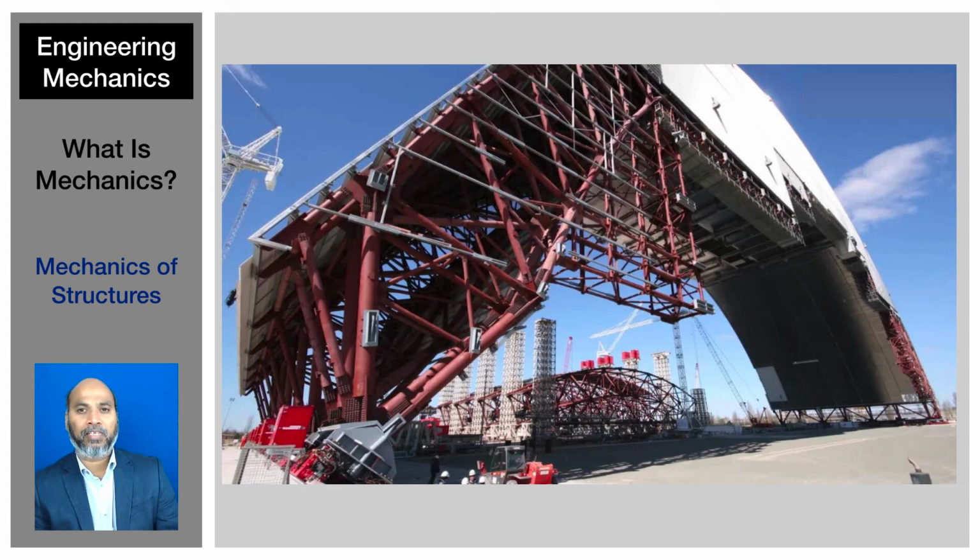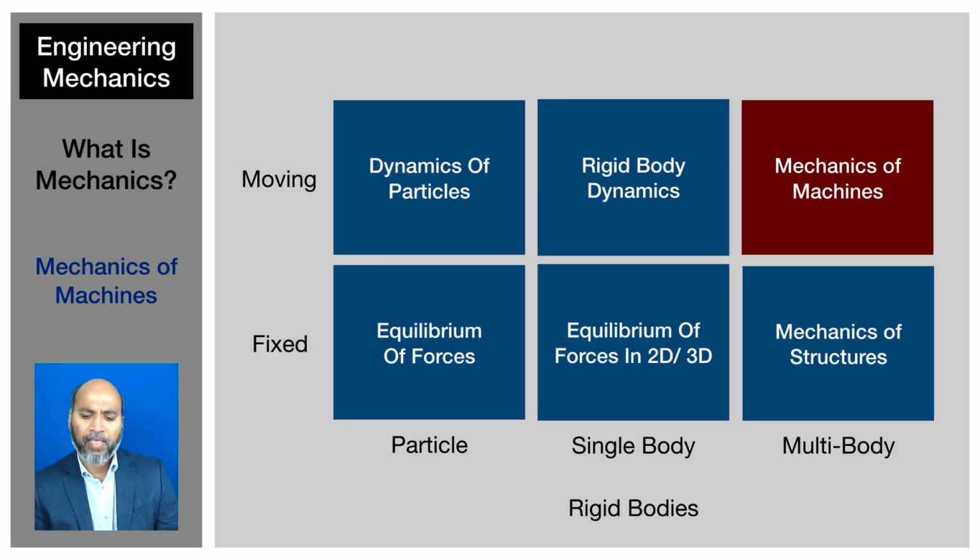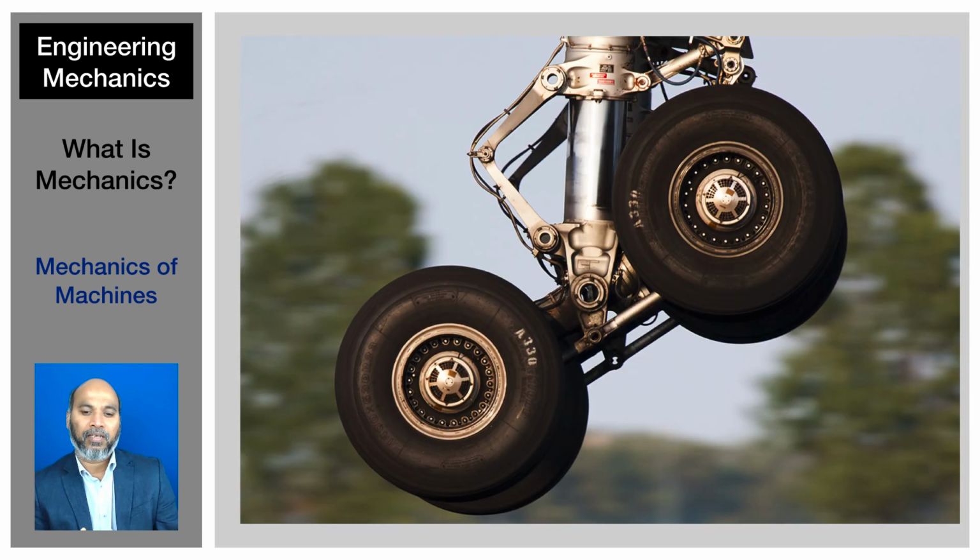Also, this is another example of a multi-body static structure. And finally, the multi-body moving system, where multiple different bodies are attached to or interacting with one another, and they're all moving, or some of them are moving with respect to one another. For example, the landing gear of an aircraft: when it lands, you will see these two wheels are tilted like this and will move up and down.